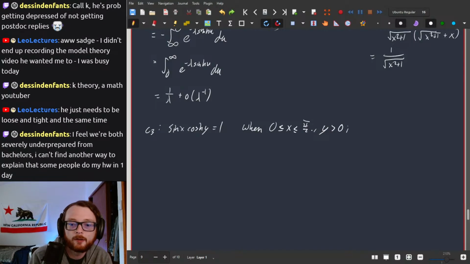And when pi over 2 is less than or equal to x is less than or equal to pi, y is less than 0.